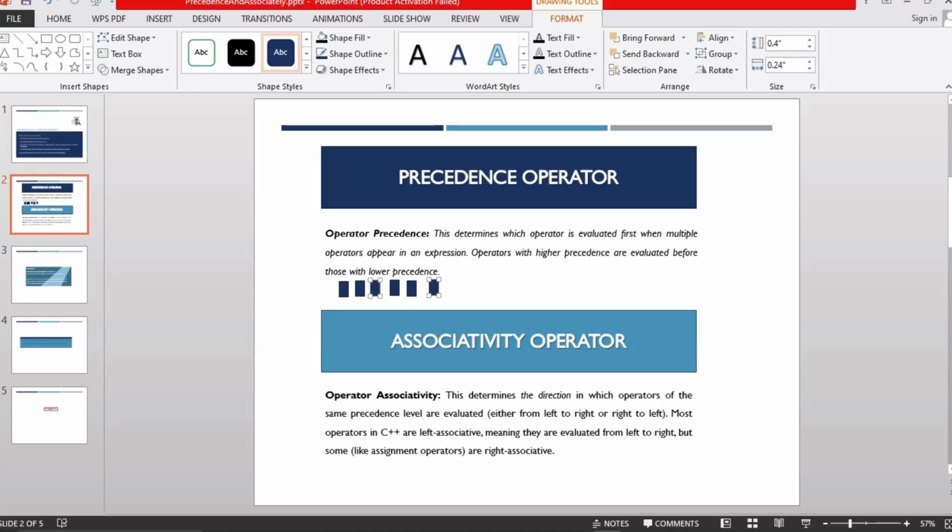Those ones might start from right to left. Multiplication and division always start from left to right, but some operators start from right to left. If you don't understand that, we will go through it carefully.